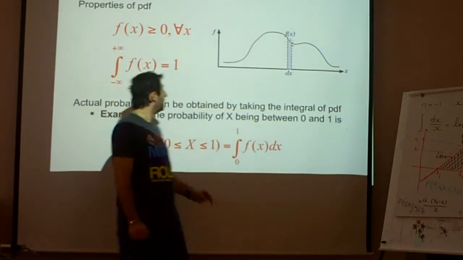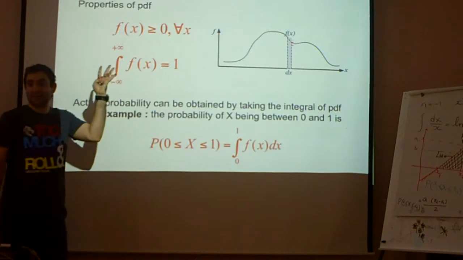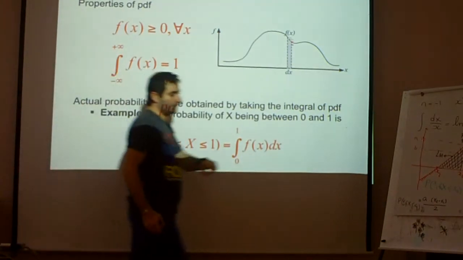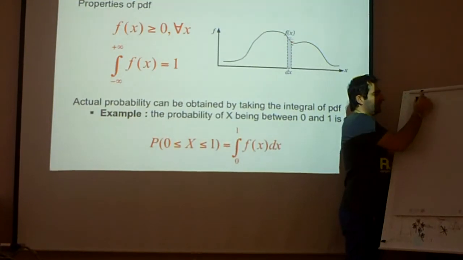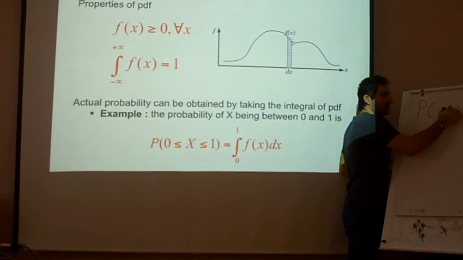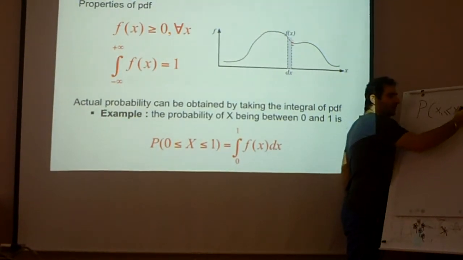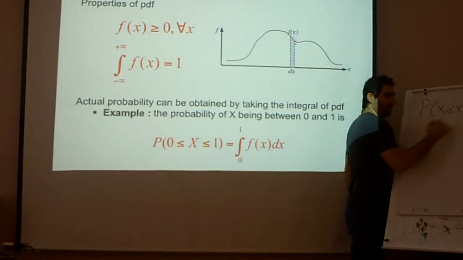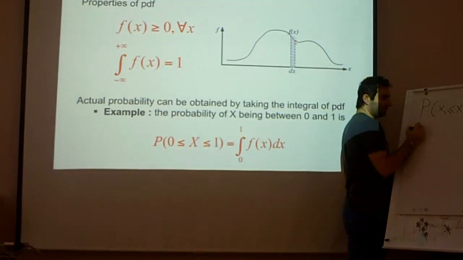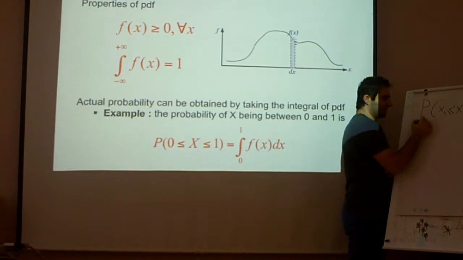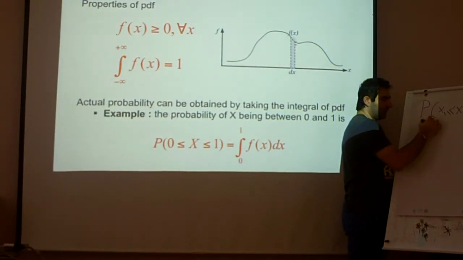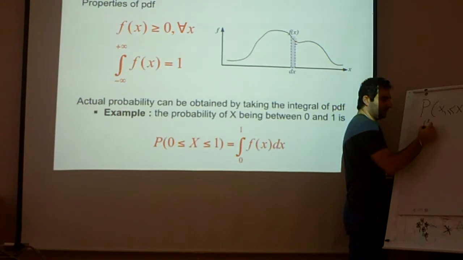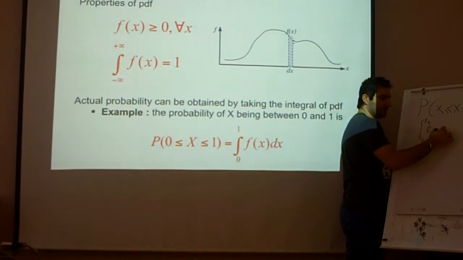Because you know that the integral of all the probabilities should be, look, the question is this: what is the probability of x being between x1 to x4 of, let's say, fx dx, whatever that is.